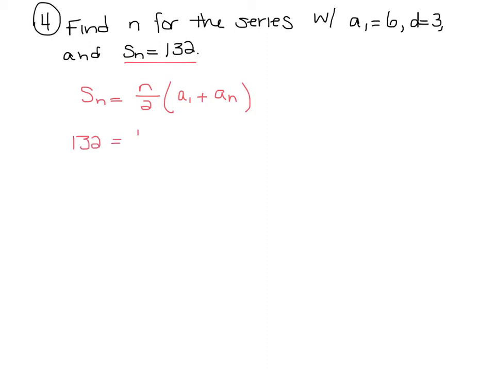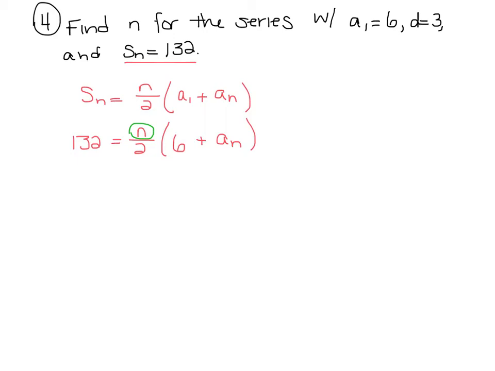Well, that's what we're looking for, so n over 2 times the quantity of our a sub 1, which is 6, plus our a sub n, because that's not known. Well, I don't want two unknowns. I don't want n and a sub n. Well, my whole goal is to solve for n, so that's probably fine. I think it's this a sub n that we can work with.